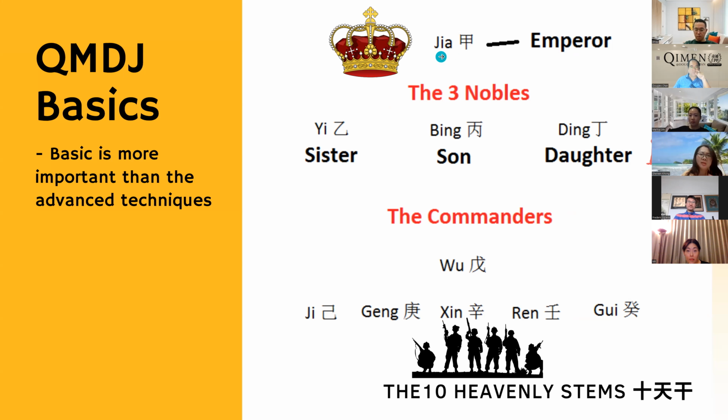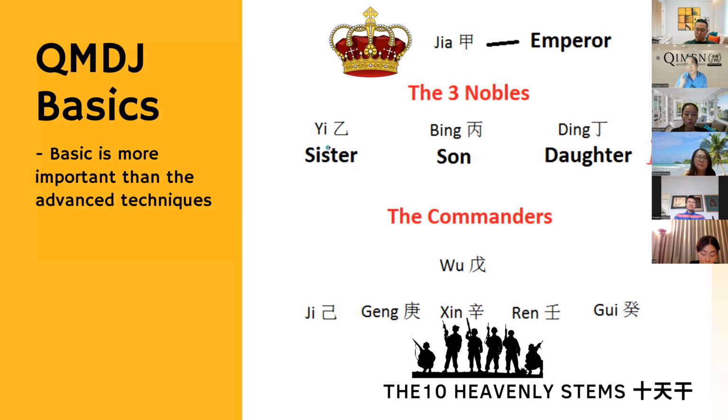So what this emperor does is that he has these families. They call it the three nobles. So we have the sister, that means the direct sister of the emperor, and the emperor also has a son and a daughter. So what happened is this. The first thing that he did was to arrange a marriage for the sister with the other party, that means the Geng son.